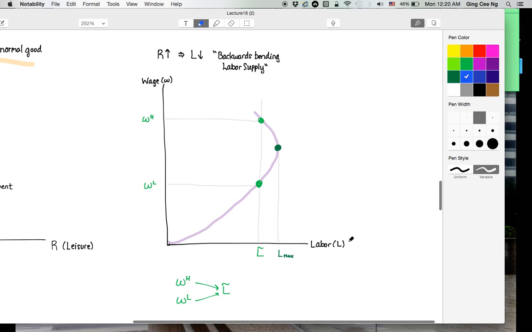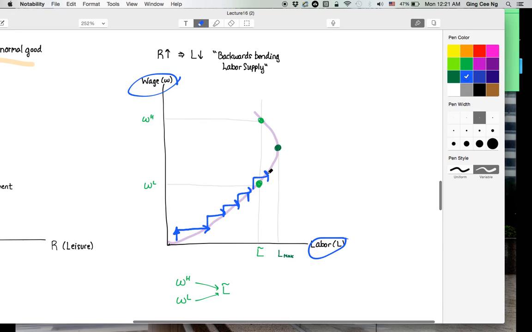If we just plot quantity of labor supplied against wage, it could be that at low levels of wages, if you were to increase your wage, people would say, okay, I'm going to supply more labor. Give me a raise, yeah, I'm going to work a few more hours. And this might continue for a while.